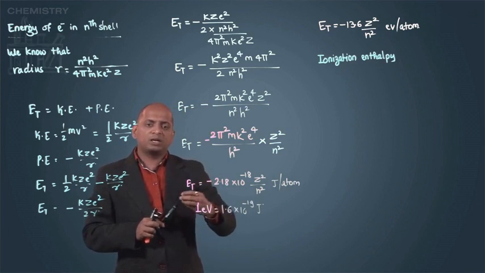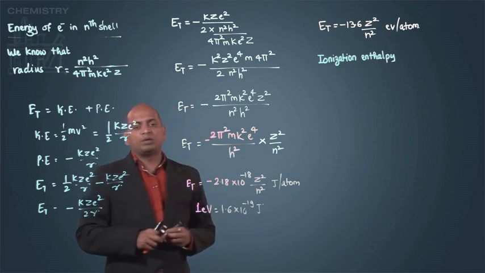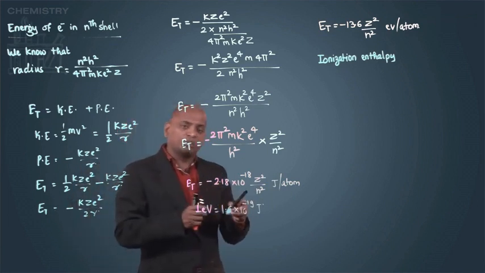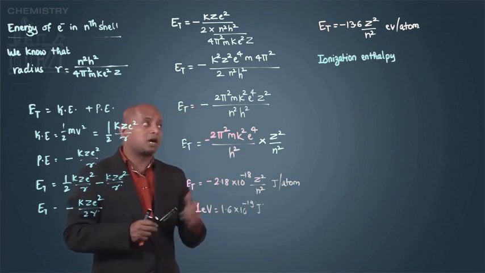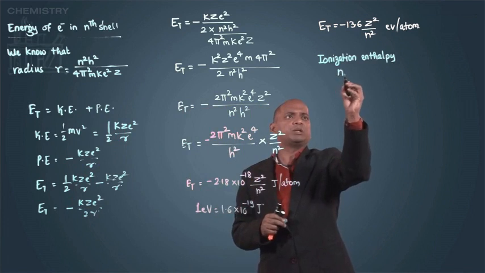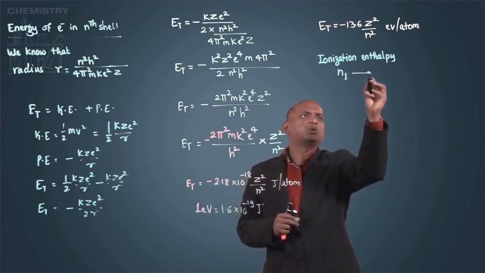Means actually we are removing electron, we are taking away electron from the nucleus, away from the nucleus. So in terms of Bohr's theory, how can we represent, how can we write here? Here the electron is removed from ground state, that is N1 to infinity.